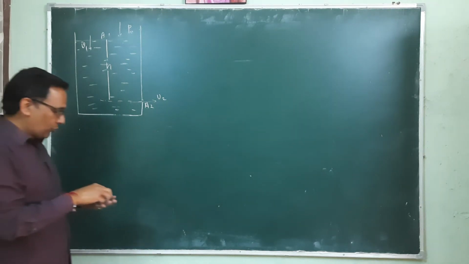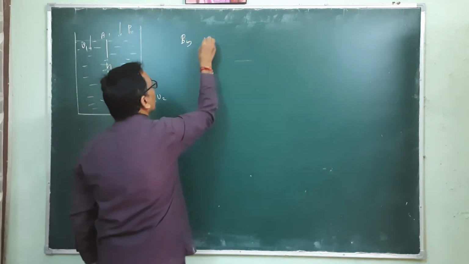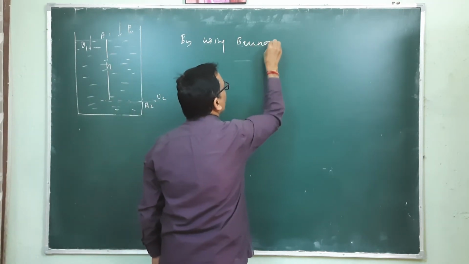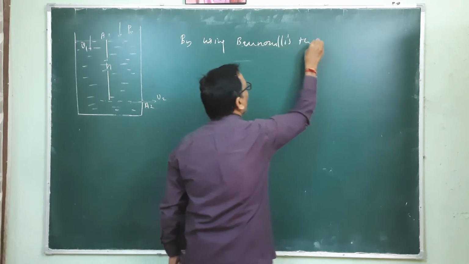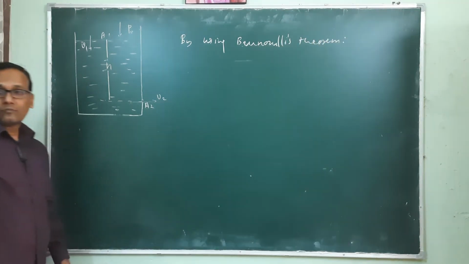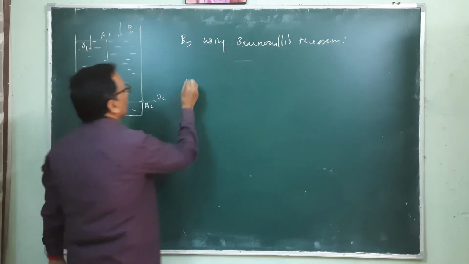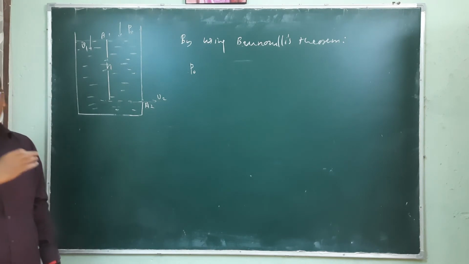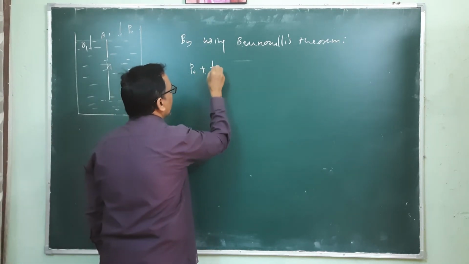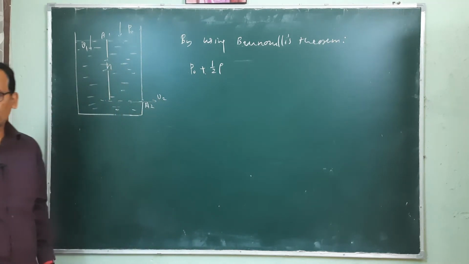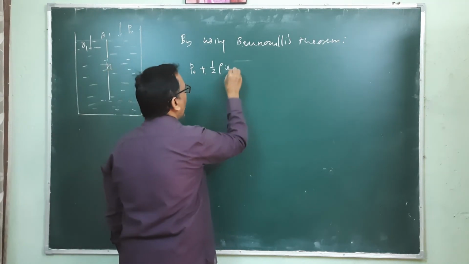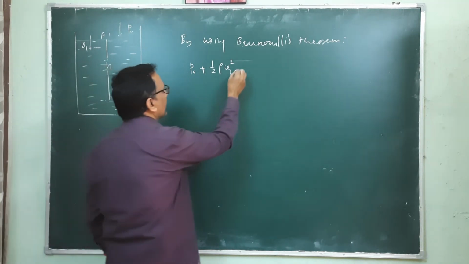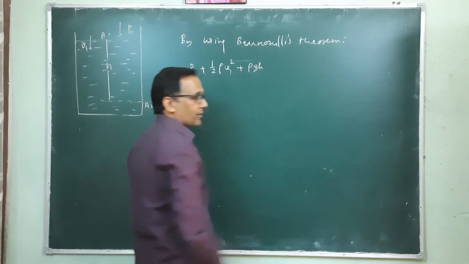Now we will use Bernoulli's theorem. At the top end, the pressure is P0, the pressure energy, plus the kinetic energy, half rho V1 square, and the potential energy, with height h, is rho gh.